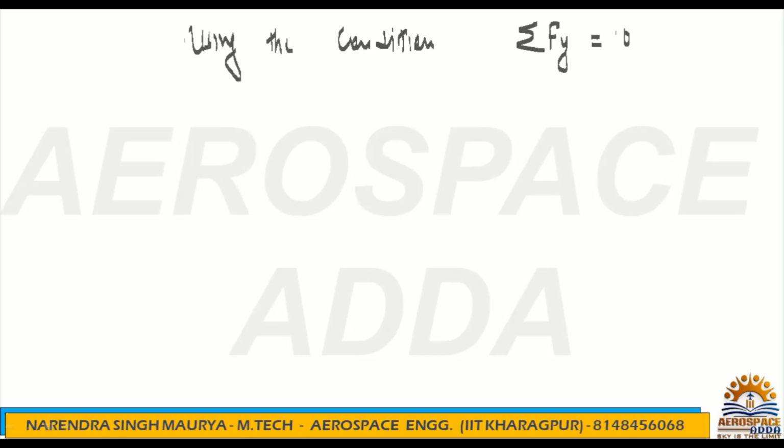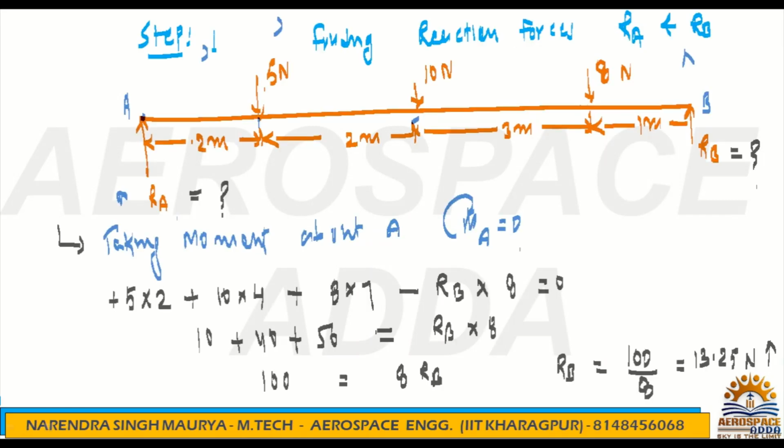Generally we have three equilibrium equations: summation of Fx, the horizontal forces, is equal to 0; summation of Fy, all the vertical forces, is equal to 0; and taking moment about any point is equal to 0. The first equilibrium equation we have used here, because we are interested in RA and RB, which are vertical forces.